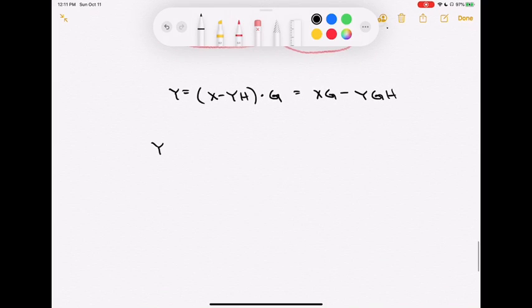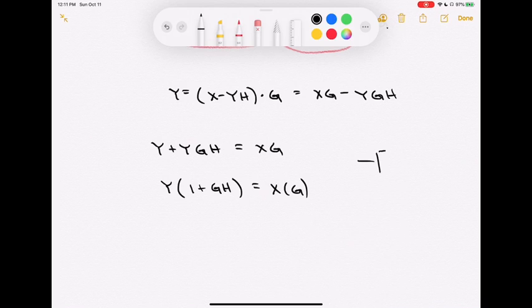So I'm going to have y plus ygh equals xg, and then I'm going to pull y out by itself. So y times 1 plus gh equals xg.